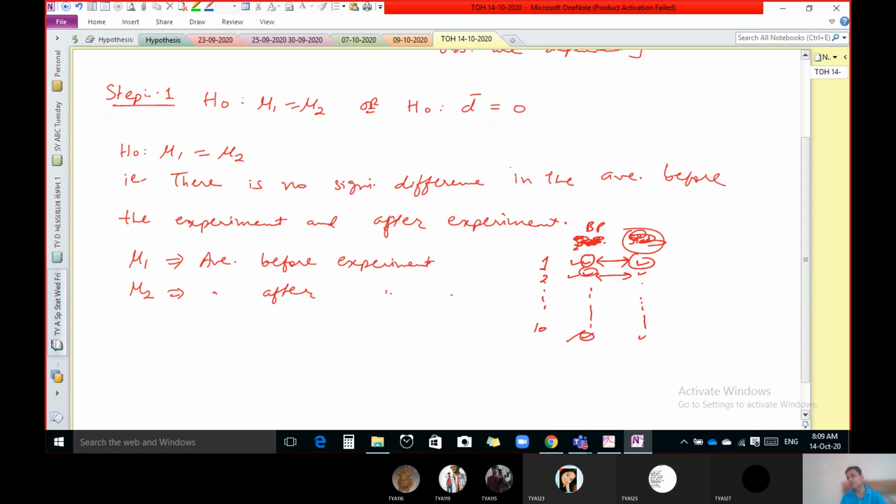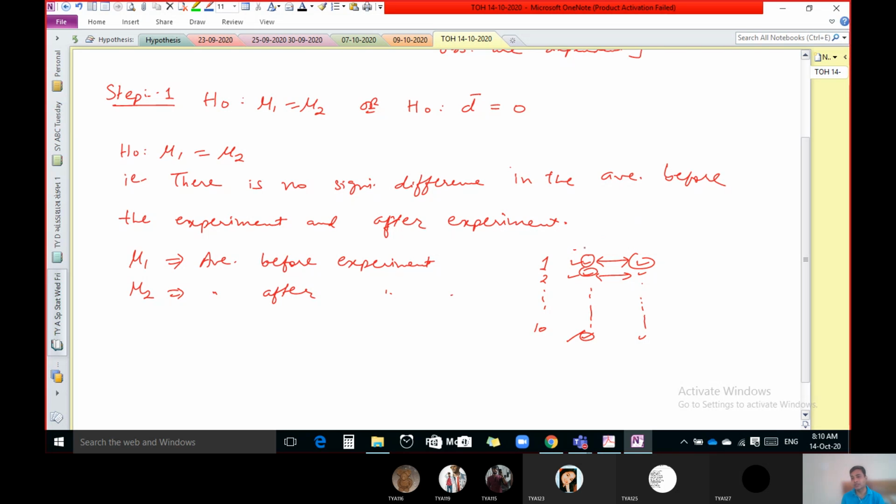After some particular time period, once again find out the blood pressure of these 10 and check the difference. If there is a significant reduction in the blood pressure, then we can say that the treatment is useful to reduce the blood pressure.